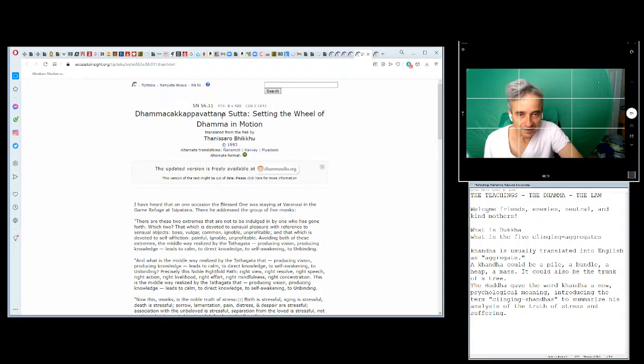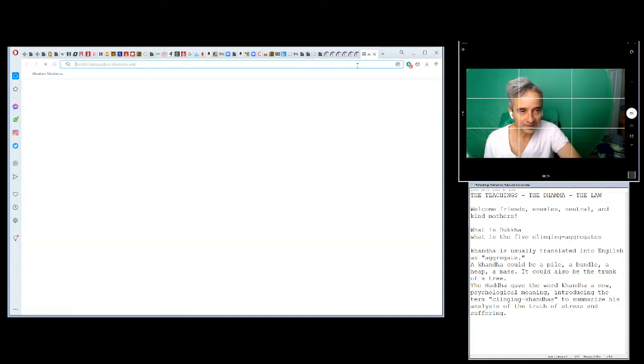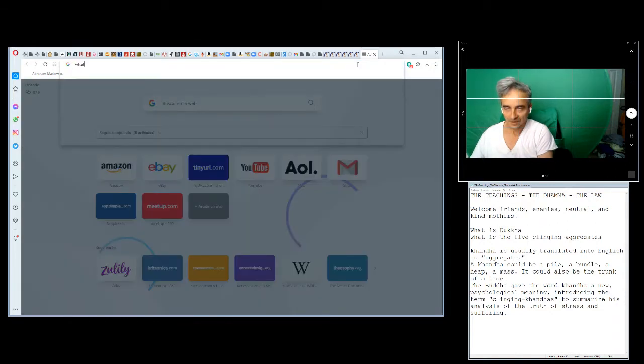What I wanted to, maybe I could go to, what are the Nikayas in the Pali Canon?